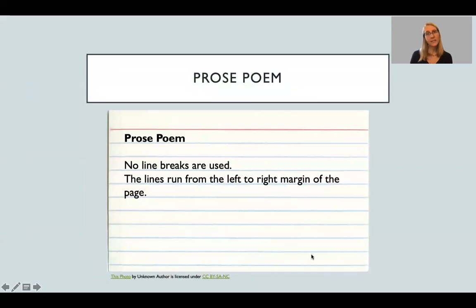The next poem I wanted to take a look at is the prose poem, because in a prose poem, no line breaks are used, right? The lines are just running from the left to the right of the margins, just like they do in prose, in your personal essays, short stories, novels, reports, academic essays, emails, right? All of those types of writing don't use any line breaks.